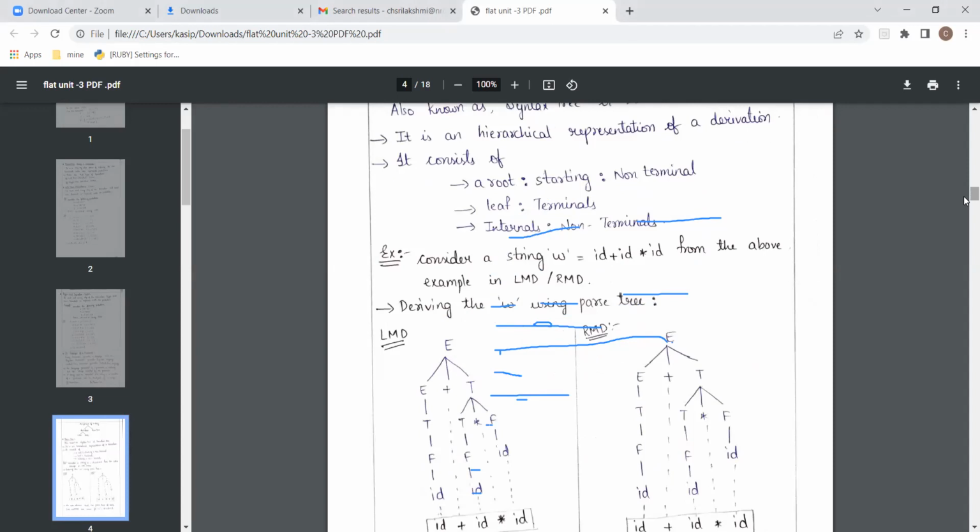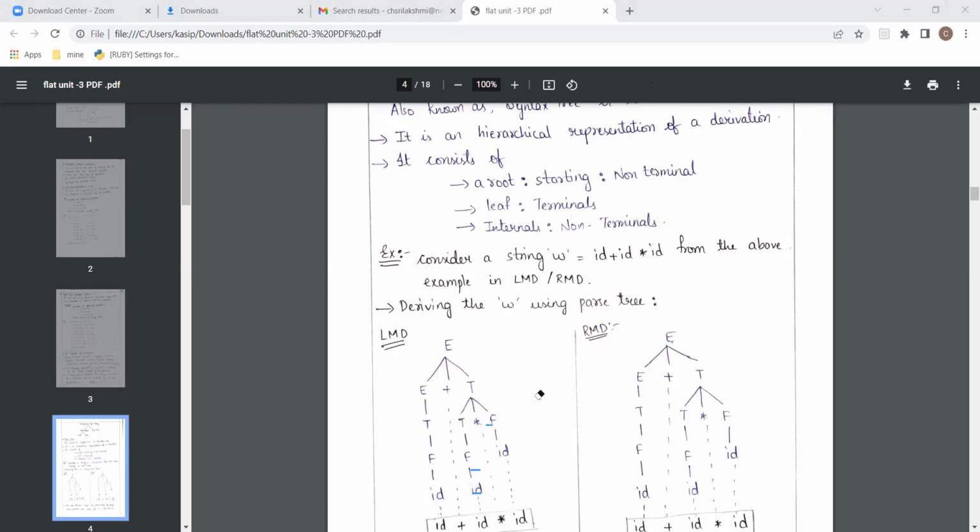The example is the same one I took previously: E tends to E plus T or T, T tends to T into F or F, and F tends to E or id. This is the example I took for the leftmost derivation and the rightmost derivation.